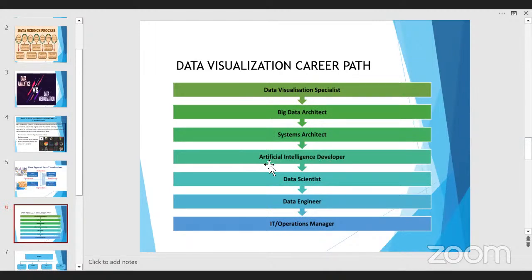Artificial intelligence is also very closely related to data science. Even though we develop algorithms and it takes a different path in terms of applications, some of the algorithms can be derived, and one can become an artificial intelligence developer as well. One can, of course, become a data scientist, a data engineer, or an operations manager. The plethora of career options available in data science are many.